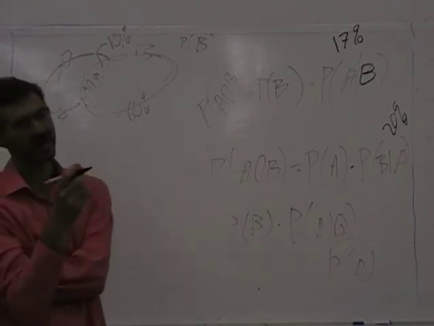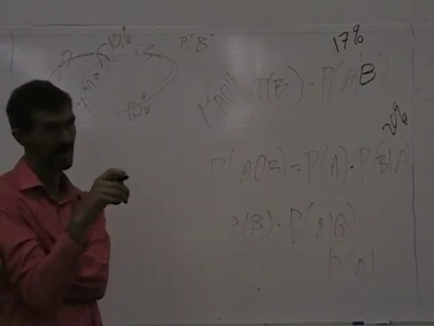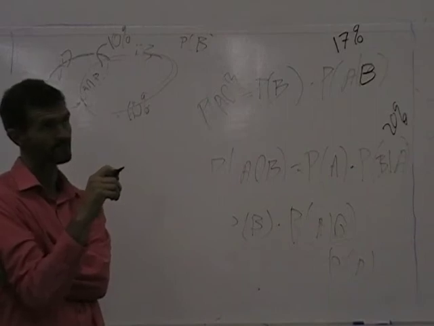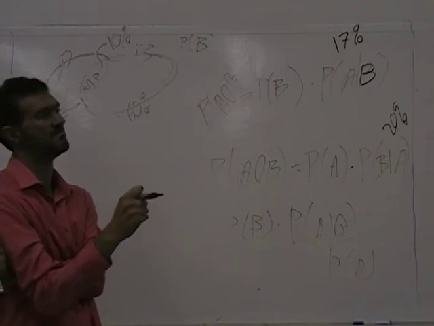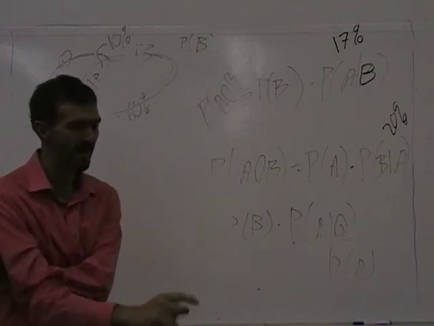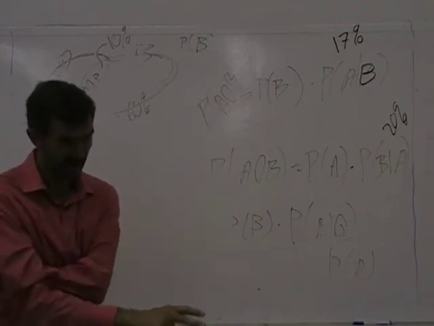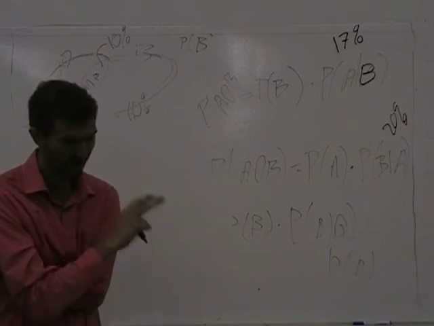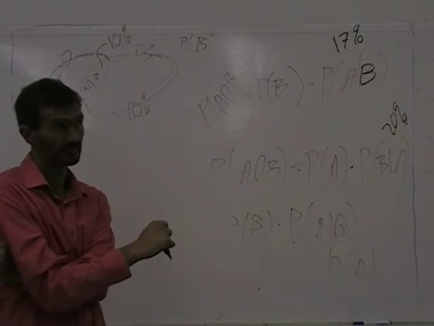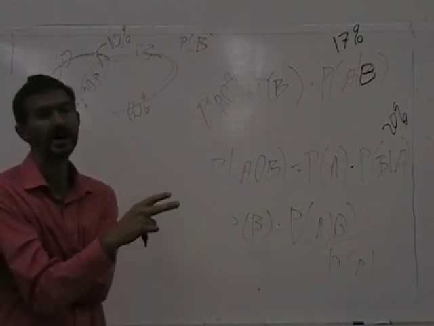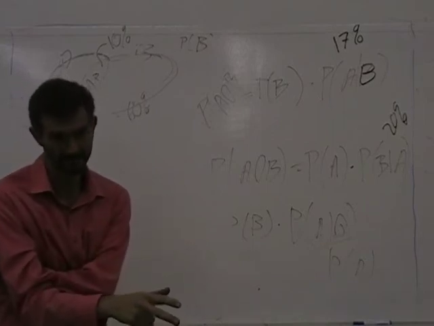Conditional probability is probably the most fundamental, basic thing that is happening in statistical modeling.